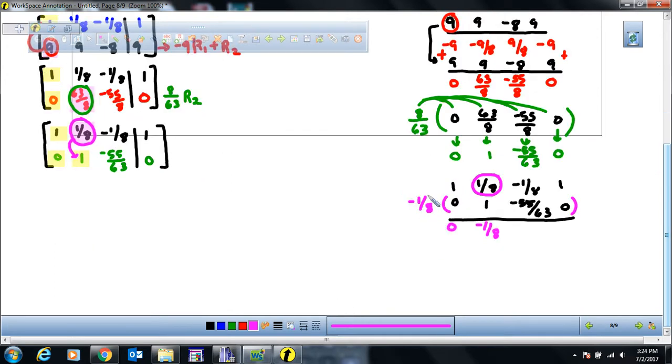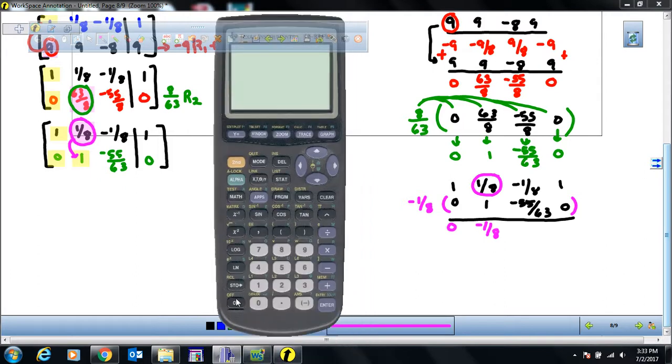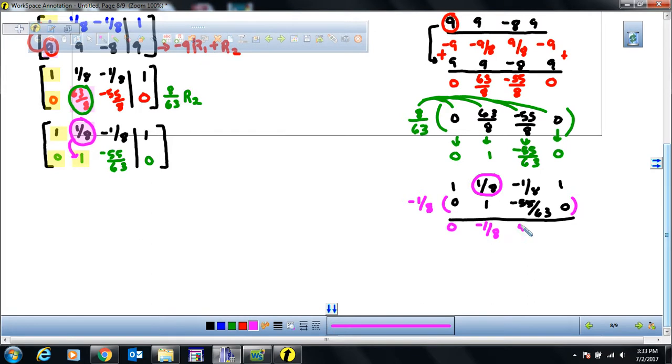When you multiply negative 1/8 times negative 55/63, I'm just going to do that one in the calculator right now. Make it a fraction by pressing math, enter, enter: 55/504. So it's going to be positive 55/504. And then negative 1/8 times 0 is going to be 0.